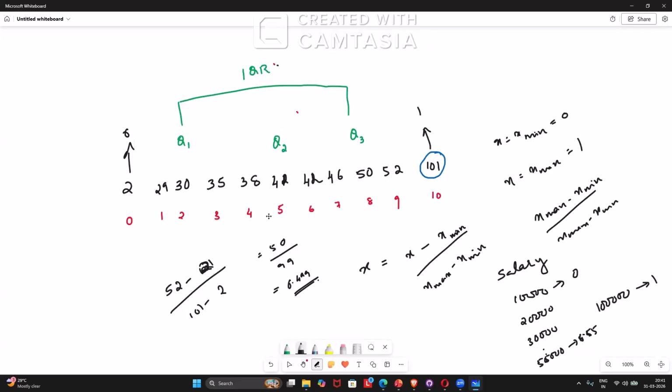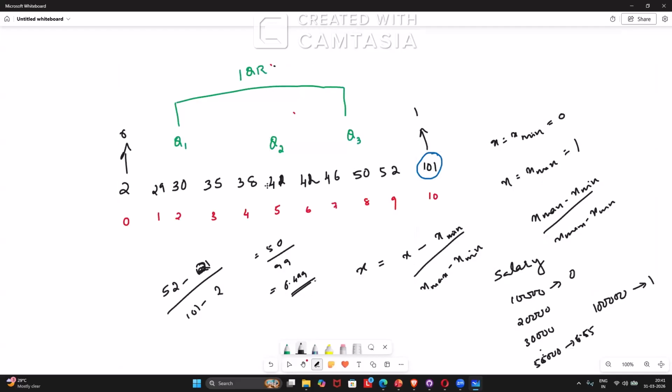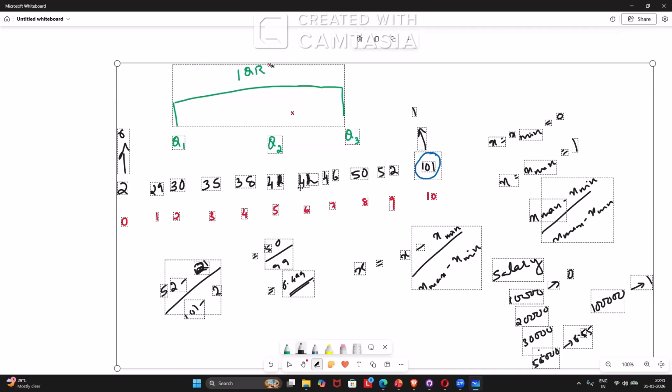Because if you reduce it into a smaller range, say I'm dividing everything by 10, 0.2 to 0.9 to 3.0, 3.5, 3.8, 4.1, like that, then what will be your interquartile range? It will be just fractions, right? Again, if you calculate outliers, this 10.1 will go as an outlier.